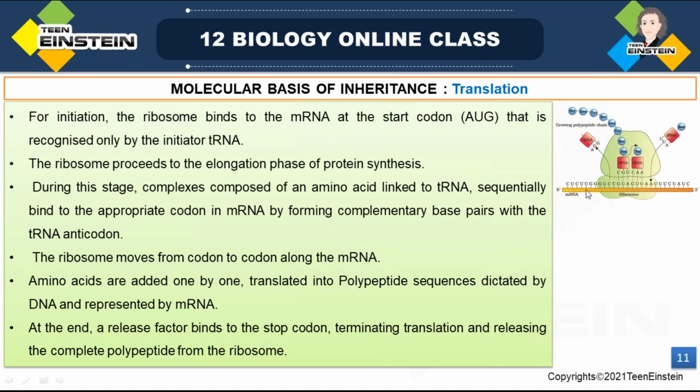The ribosome is moving from codon to codon. First it finishes one codon, then it moves to another codon, then to the next codon, reading all of them. Amino acids are added one by one. After each codon, it forms an amino acid and adds it.